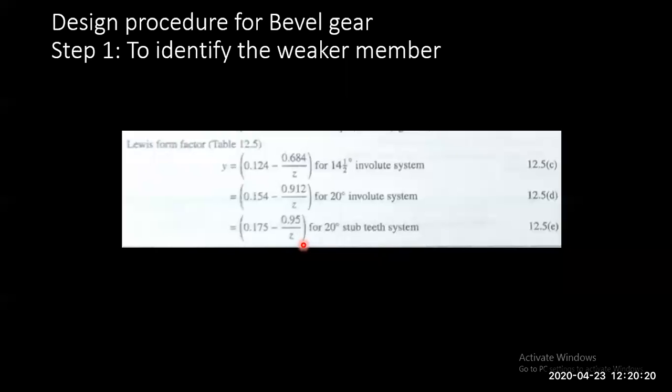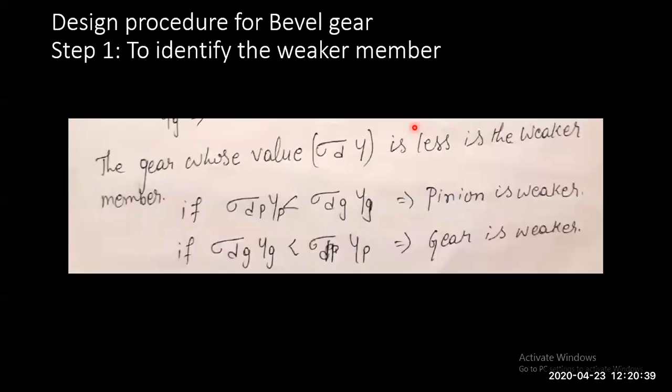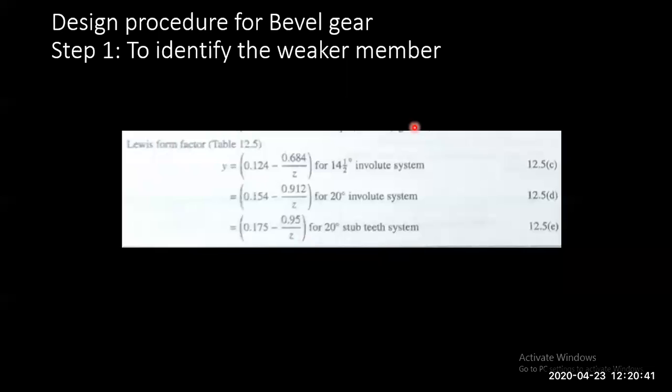If the number of teeth is not given, you need to refer to table 12.4 and take the assumed number of teeth, and then you need to find y from this formula. Otherwise, if the number of teeth is given, you can check this table. If it is not given, then you take it from these equations.